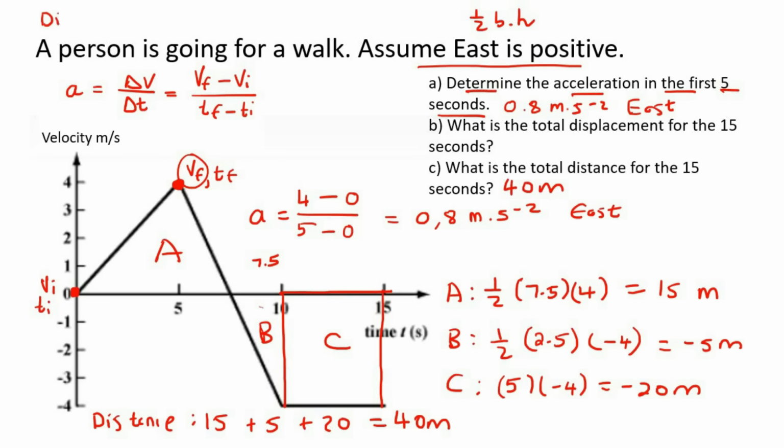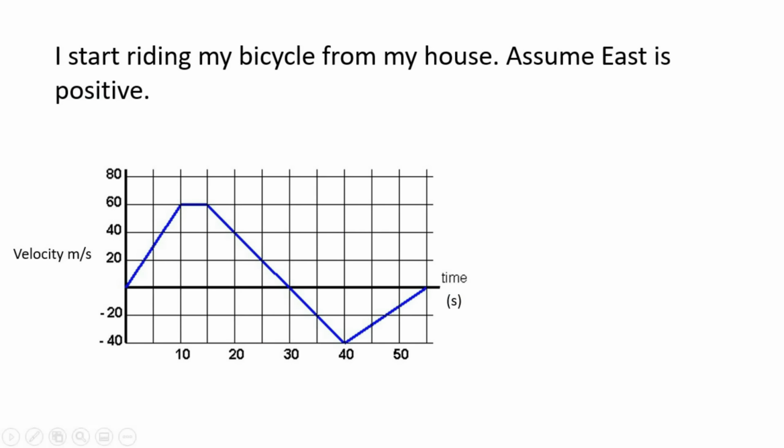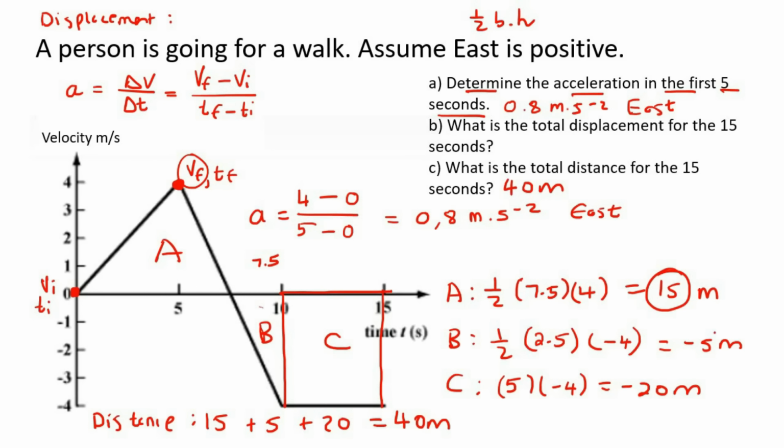When you are doing displacement, remember that displacement is a vector, so it has direction as well. So all of these positive numbers are east, because east is positive, and all of the negative ones are going to be considered west.